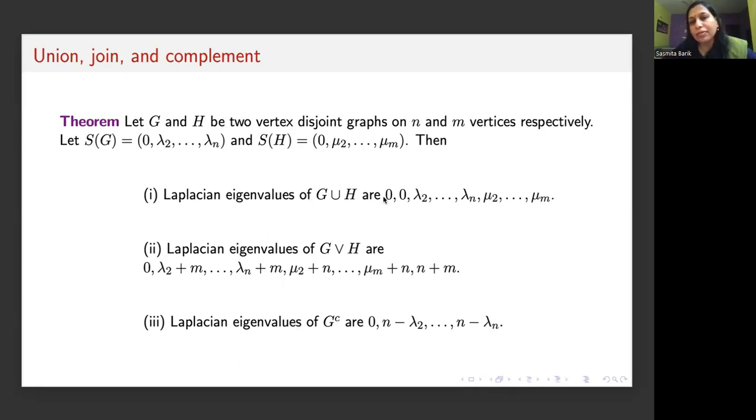For the union, because you are taking two disjoint graphs, you will just take the union of the eigenvalues, and the order of the union is n plus m, so you get that many eigenvalues.